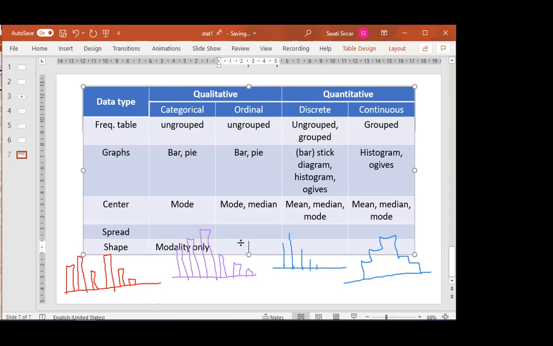Now, in this case, of course, you can think of a shape. In both cases, you can think of whether it is symmetric or skewed. If it is not symmetric, then it is skewed. Now, there are two terms: right skewed, left skewed, or positively skewed, negatively skewed. I always forget them.